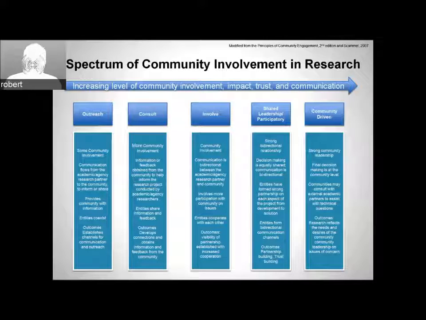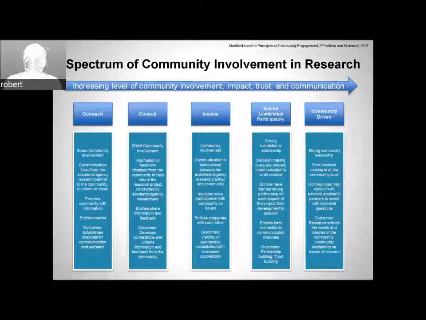Probably the complete other end of the spectrum is community-driven research, where strong community leadership may reach out to an academic partner and ask for help in understanding problems associated with their community.